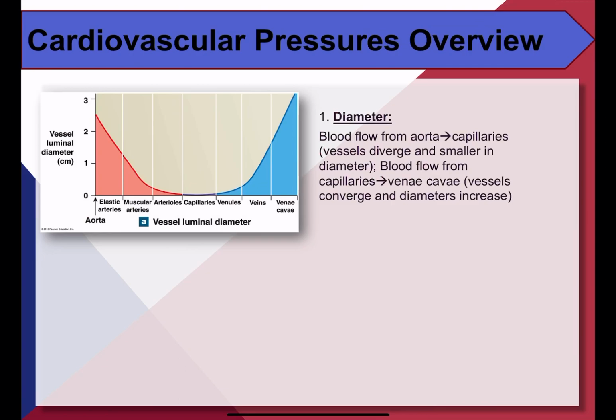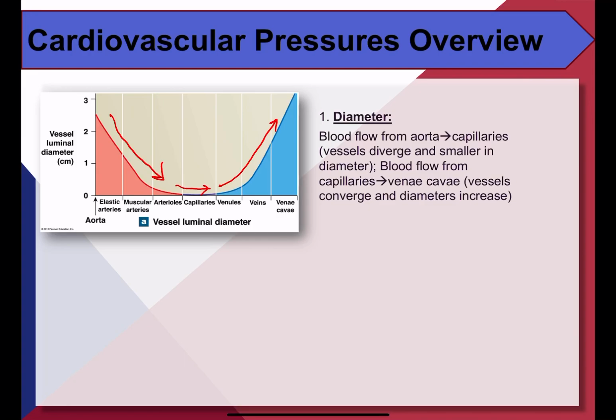If we look at the size of the luminal diameter going from the aorta all the way to the capillaries, they go down in size as the vessels diverge into different branches of arteries and then into your capillary beds. When blood leaves from the capillaries to veins, however, the luminal diameter once again increases as blood travels toward the superior or inferior vena cava.